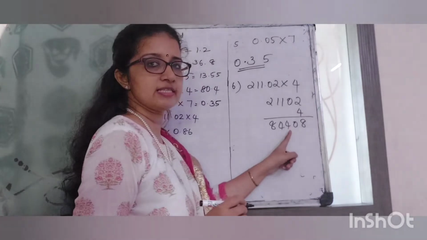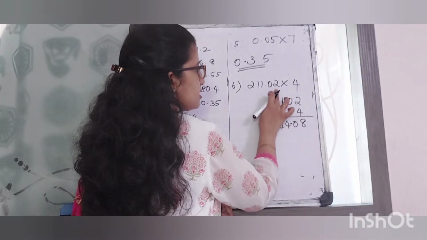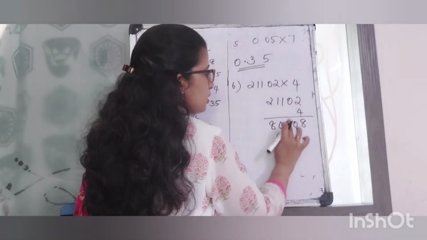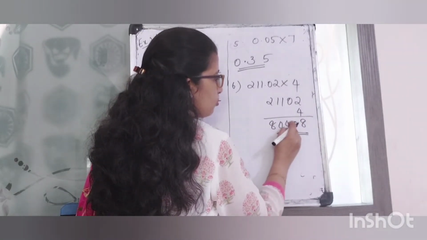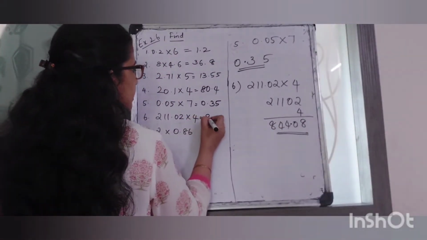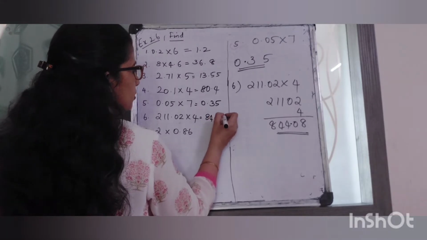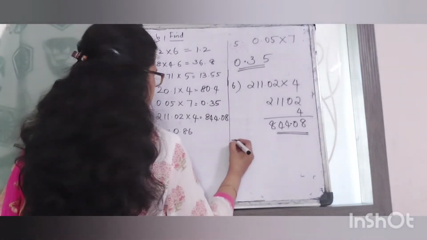Where should we put the decimal point? Here. There are 2 digits after the decimal point. So here also there should be 2 digits after the decimal point. So the answer is 844.08. Okay. Clear? Now let's take the next problem.